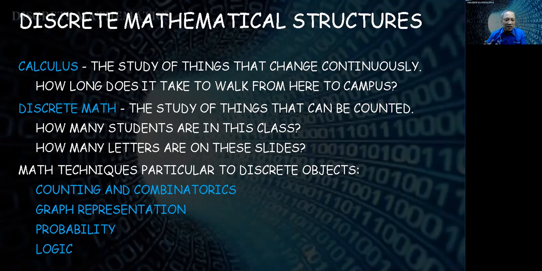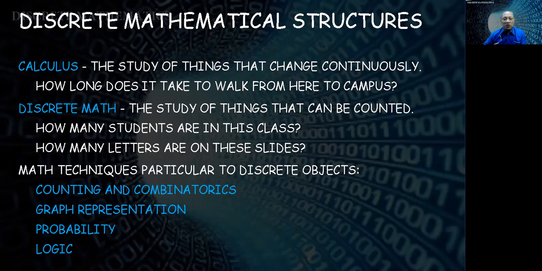Like that, counting and combinatorics, also graph representation. This is very much useful in IT, in algorithms, when we want to find a path from one point to another. When we do a search, what is the best path to take so that it is efficient and effective? And probability, of course, is to see the chance of things happening.